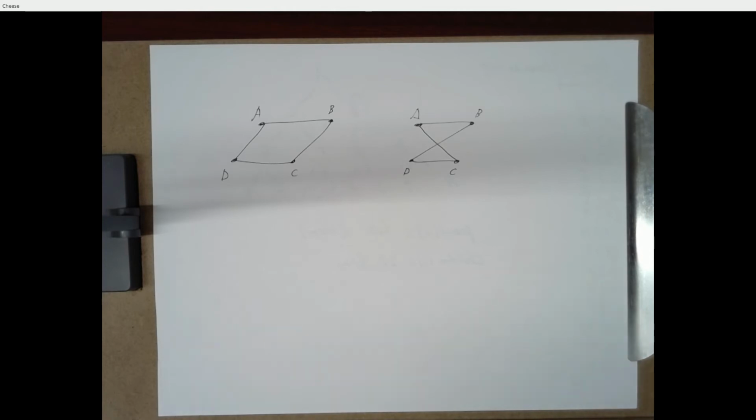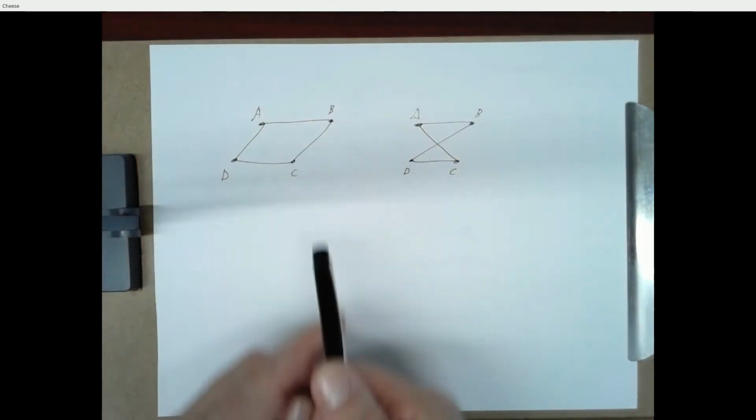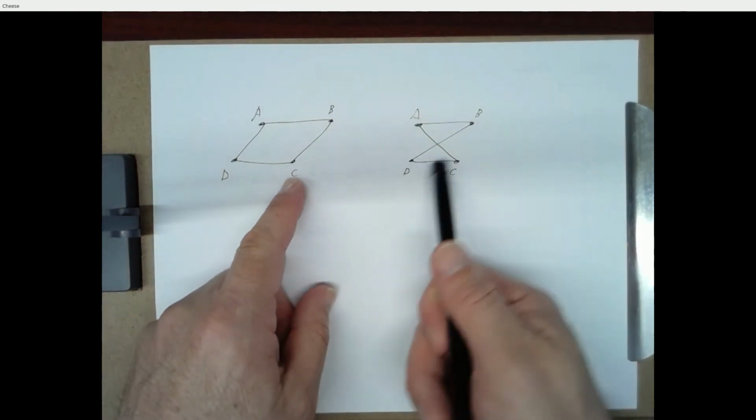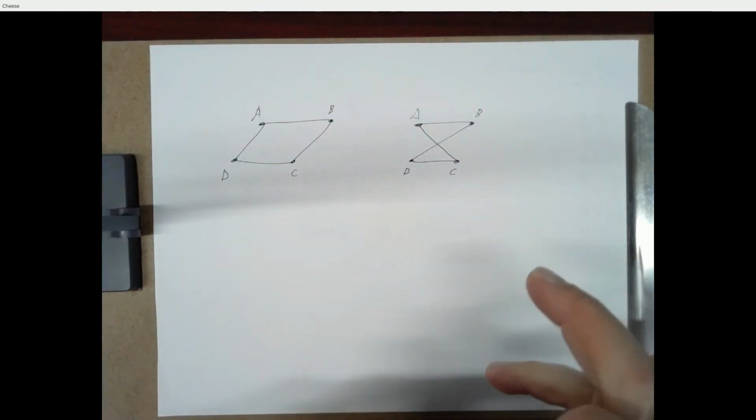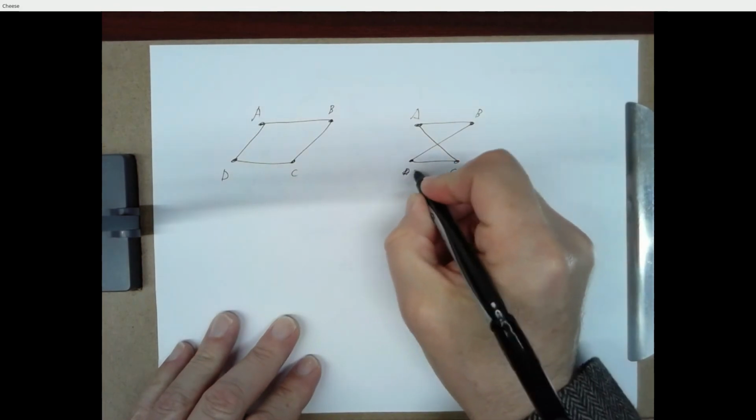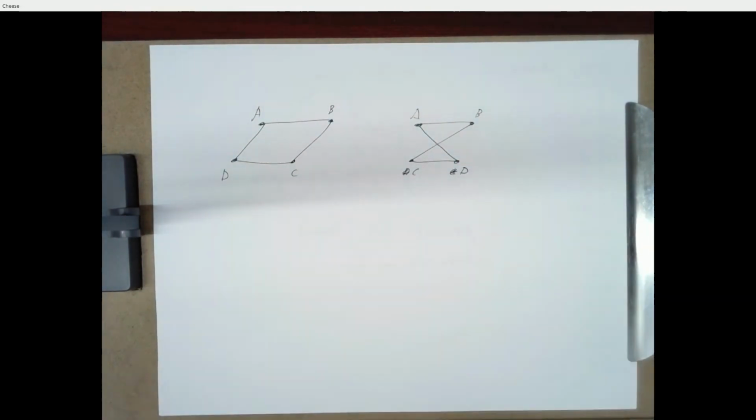If you look at each graph, it has 4 vertices, 4 edges. We have an edge connecting A and B, an edge connecting B and C, one between C and D, and one between A and D. So now these are exactly the same graph.